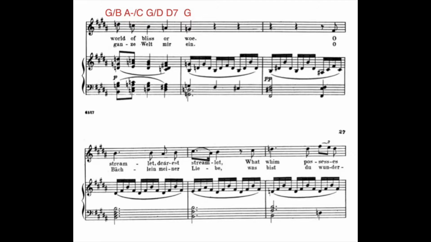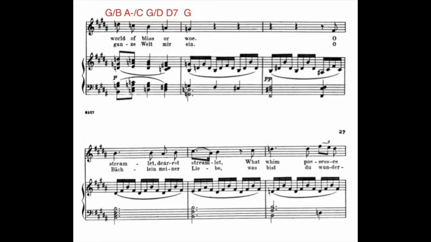So what is happening there? Because by the time we get to that cadence I just stopped on, that's very clearly in B major. So we have this kind of mystery thing here.